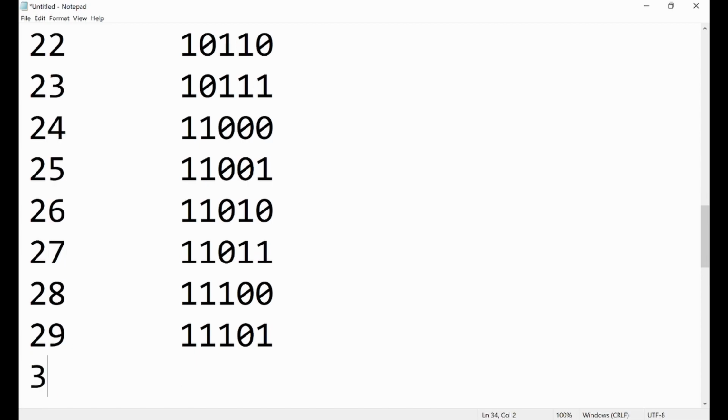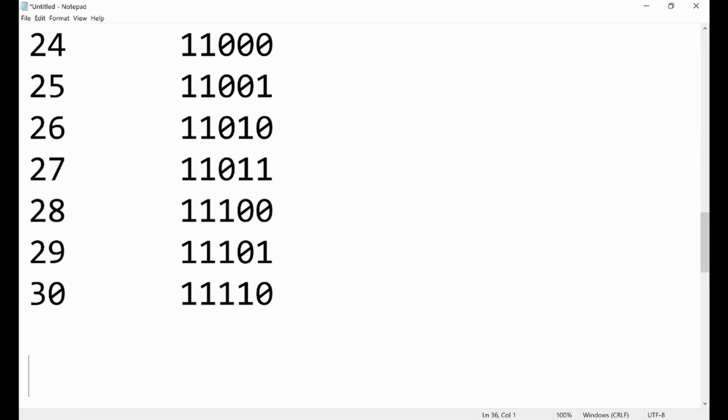Now 30 is going to be what? That's it. Don't let it confuse you, because we are just trying to use our own brains to follow a pattern.